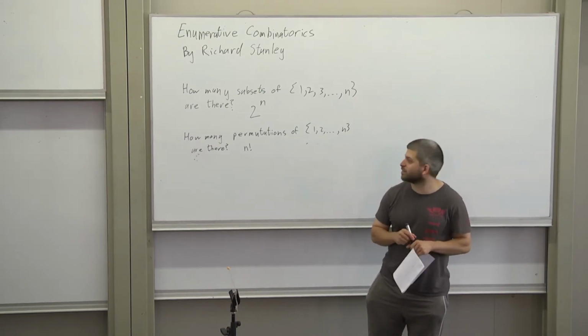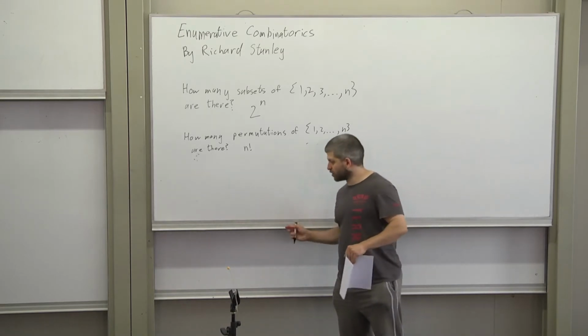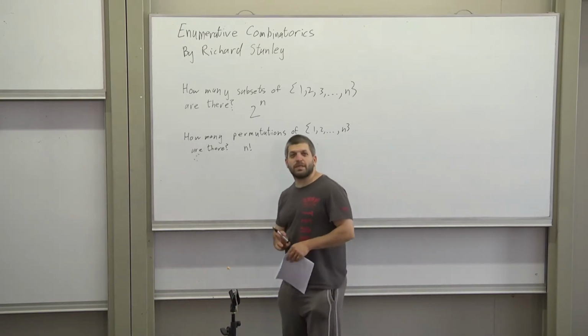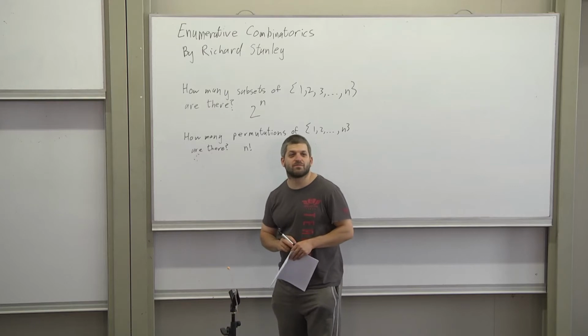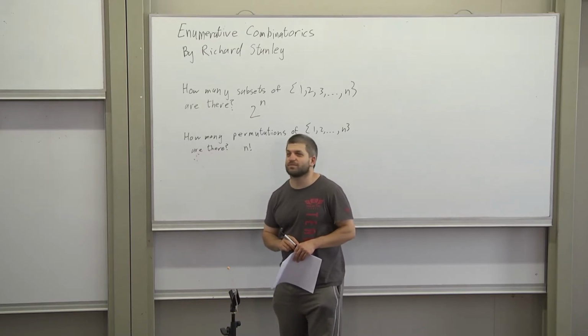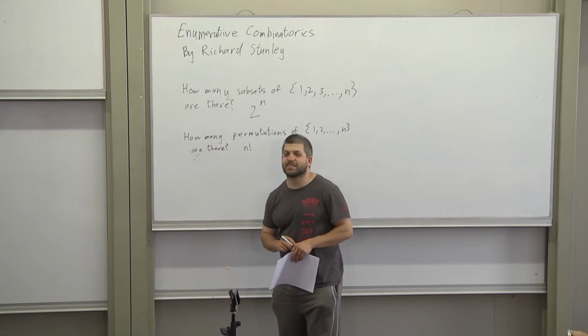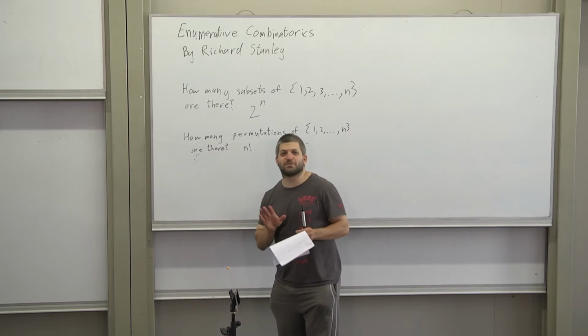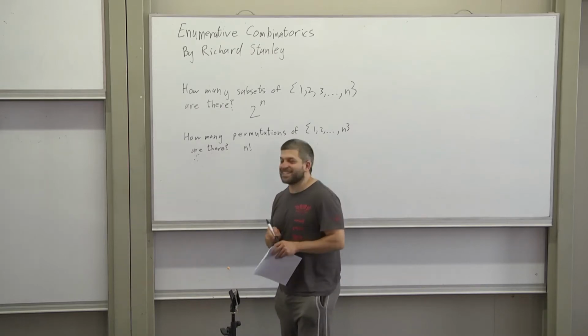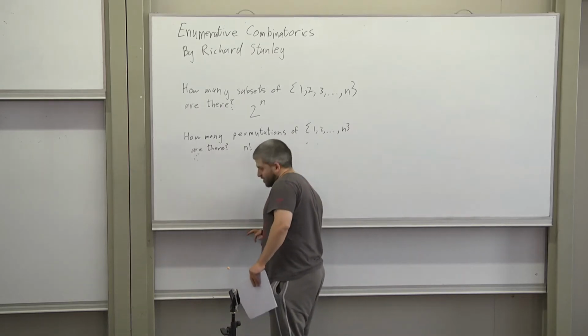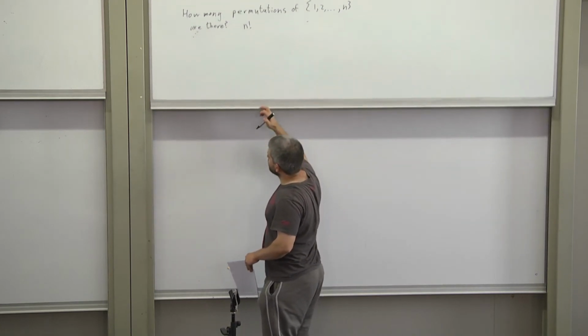Okay, let's do something a little bit more interesting. Who's familiar with the term derangement? Who has not heard of the term derangement? I've heard of it. Okay, I'm going to assume that. So let me define a derangement.